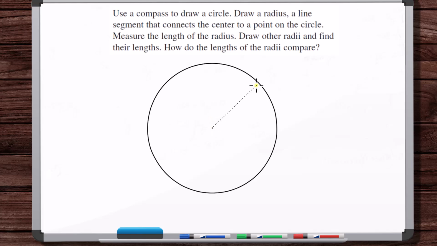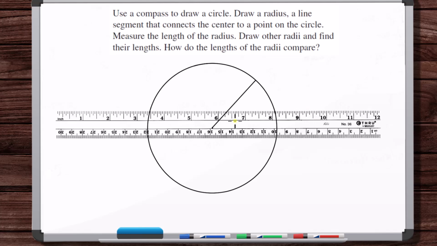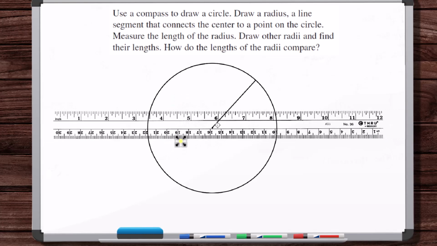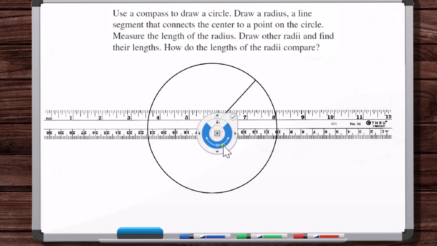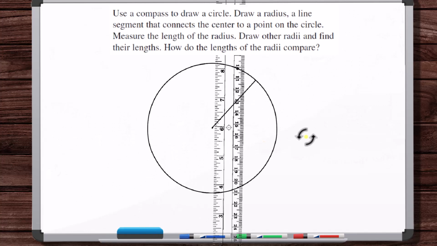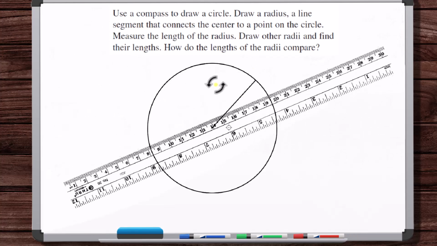All right, so there you go. There's a radius. Measure the length of the radius. Okay, so what we're going to do is use this ruler here, but these measurements aren't realistic on a computer screen with a ruler, right? I know it depends on the size of your screen, but this is just for demonstration. If I scaled a protractor, that actually is realistic, because the size of the protractor doesn't matter, but this doesn't make sense. But still, just for demonstration, let's do this in millimeters.